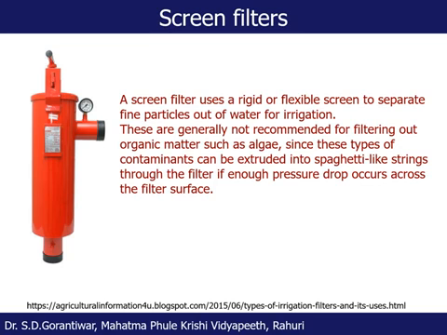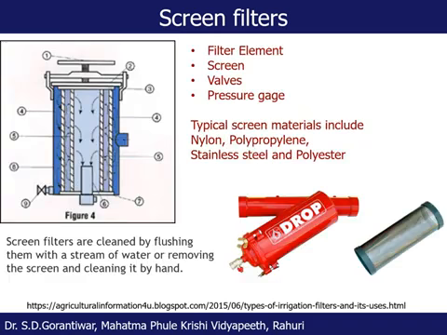That is, if you have water with impurities such as algae, and if you try to use the screen filter directly instead of using the sand filter, then this screen filter will be blocked immediately actually, because these algae cannot be separated, but will enter into the filtering element and block it. Okay, so we have experienced that if we use algae water or water with organic impurities, the screen filter is blocked even in one day itself actually.